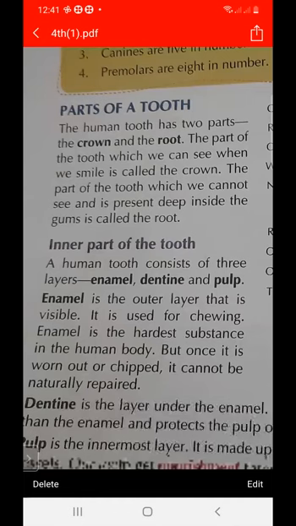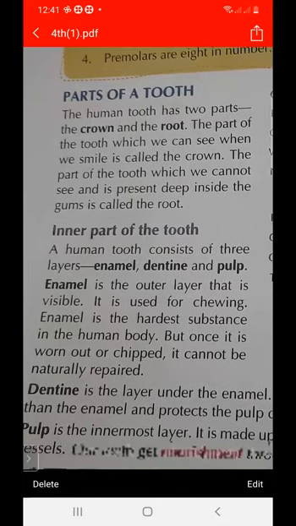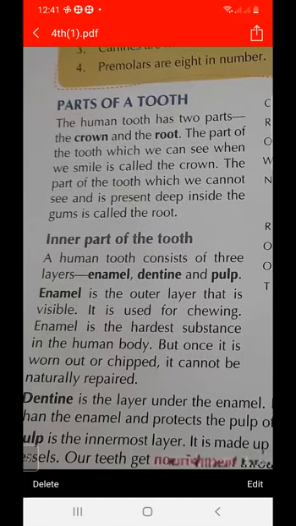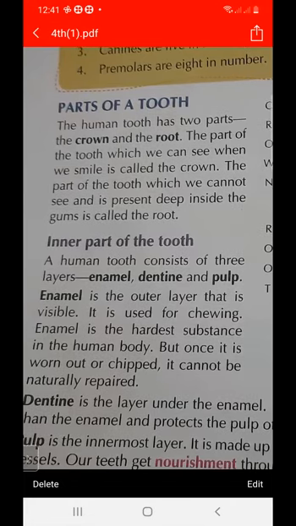So the human tooth has two parts, crown and root. The visible part is crown and the part which is not visible is called root.